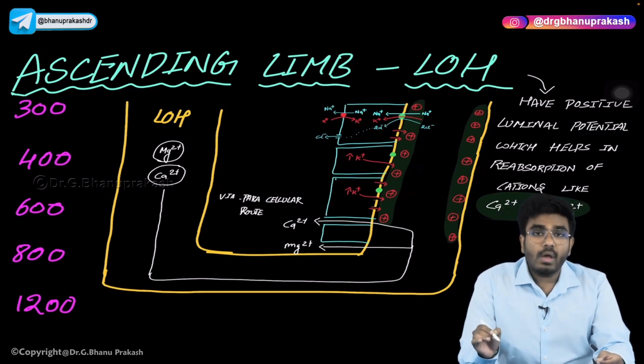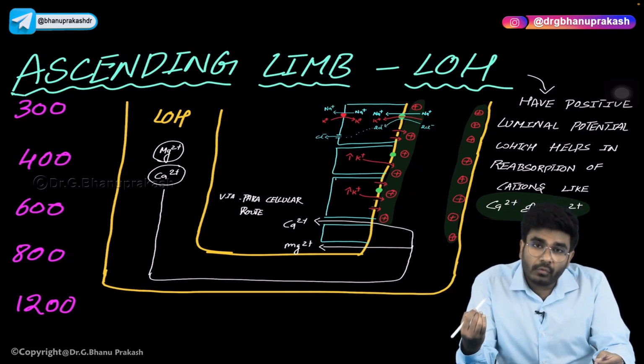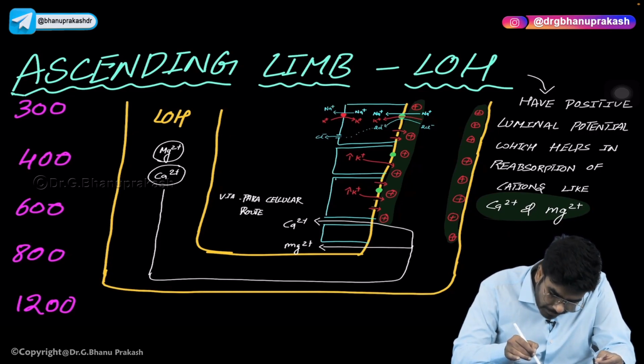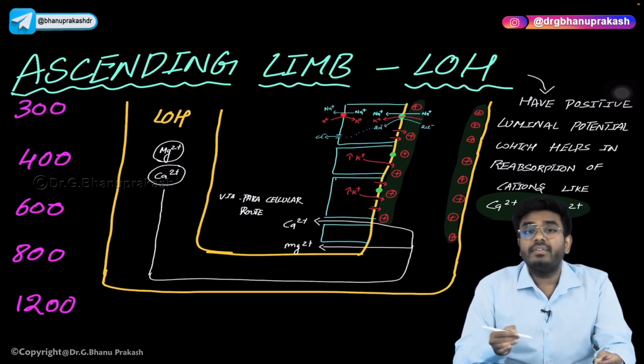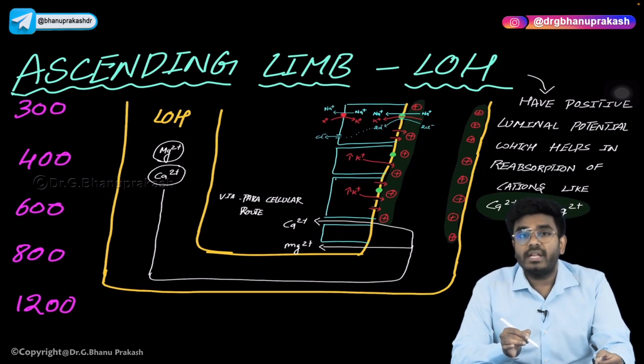Now let's discuss the fate of the sodium, the chloride, and the potassium that have entered the cell. The sodium goes out of the cell with the help of a transporter on the basolateral membrane.